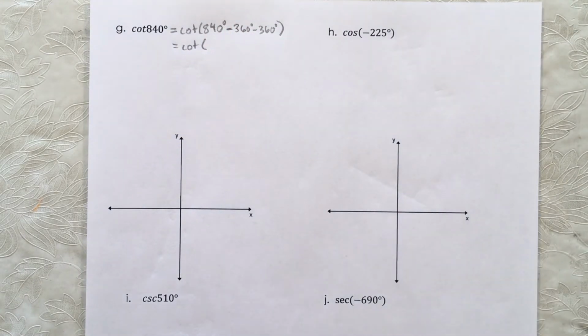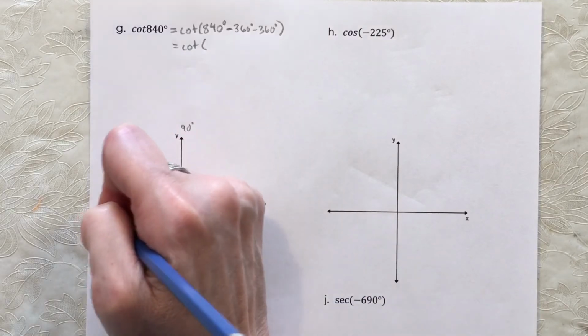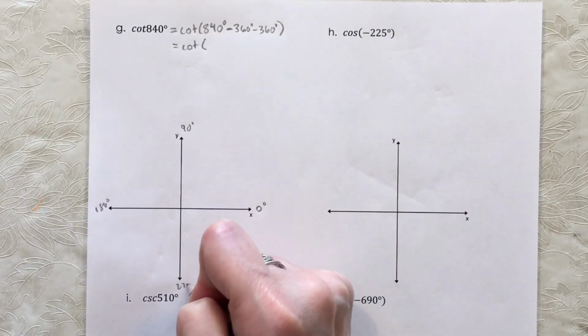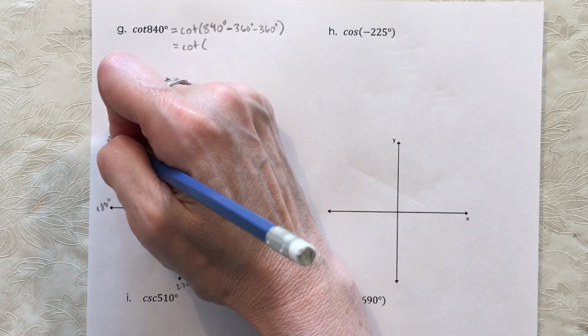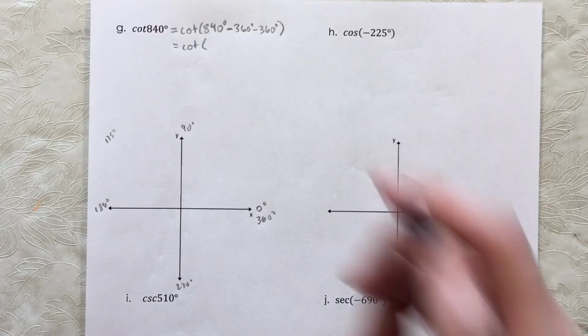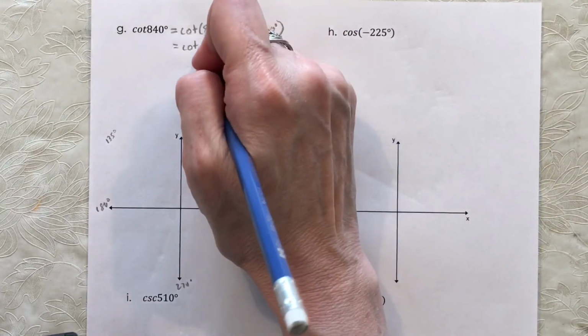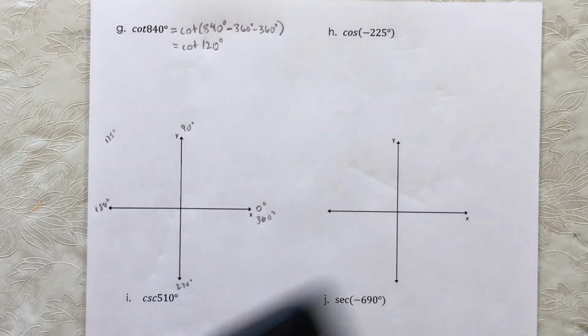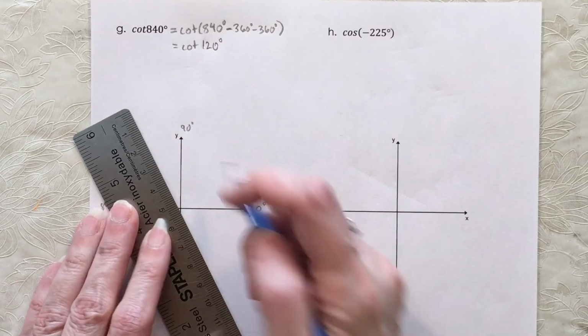So I'm doing 840 minus 360 minus 360 again is 120. And we know the halfway here is 135. So the cotangent of 840 is going to be the same as the cotangent of 120 because they have the same terminal arm. And we know that 120 is going to be drawn in the 2nd quadrant closer to the y-axis.